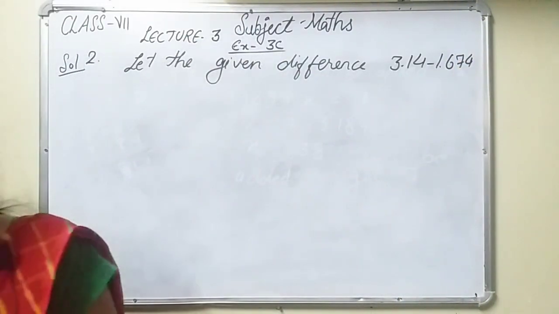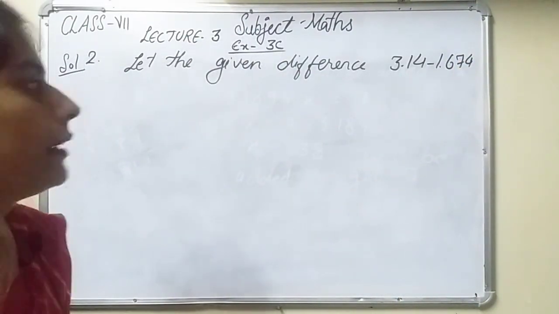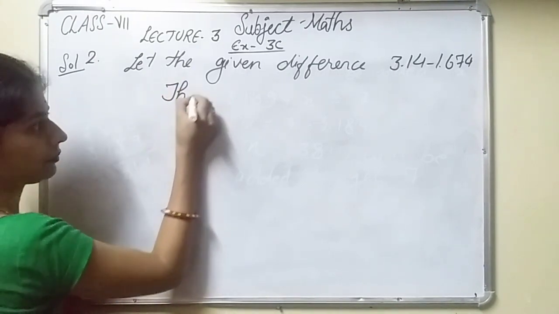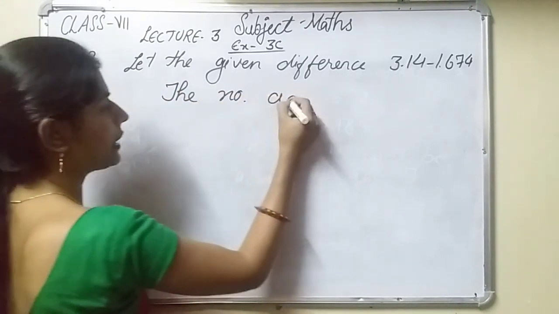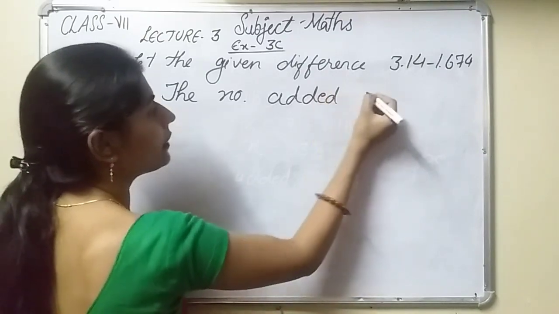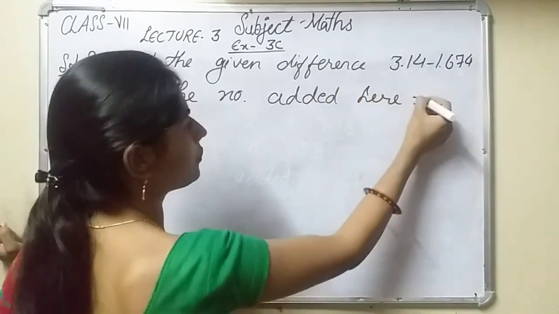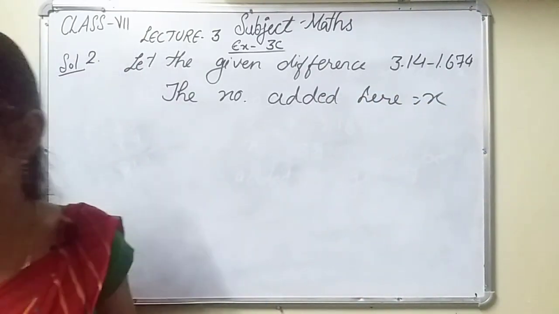Now what is the question given here? The number we have to add is x, and what we will get here?